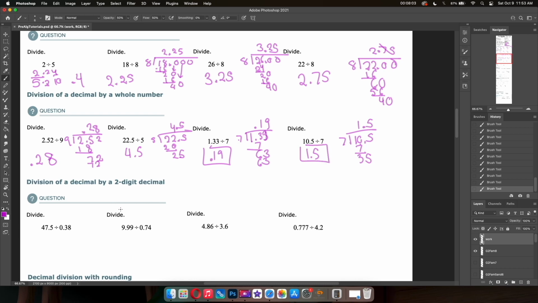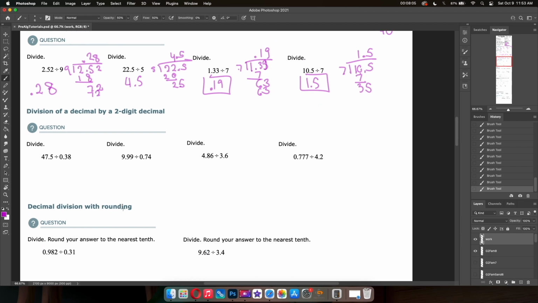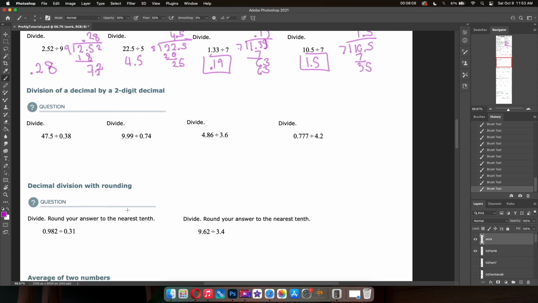Okay, now we're going to get this. I definitely have to do the long way, and I'm suddenly nervous that I didn't give myself enough space. All right, so let's see here. We have 47.5. Now this I'm going to set up a little bit differently. I want to show you something.